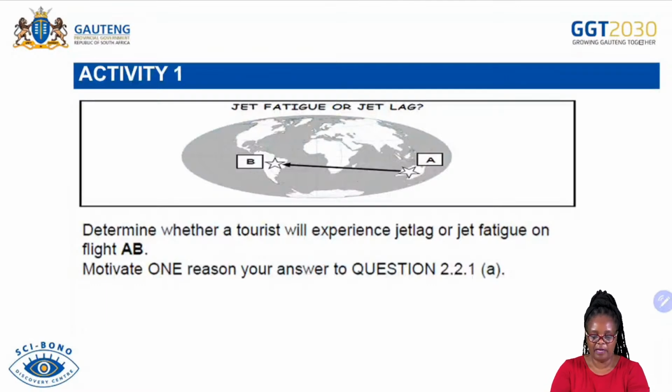The person will be moved from A to B. You can see the direction from A to B. What will the traveler or the tourist experience there?